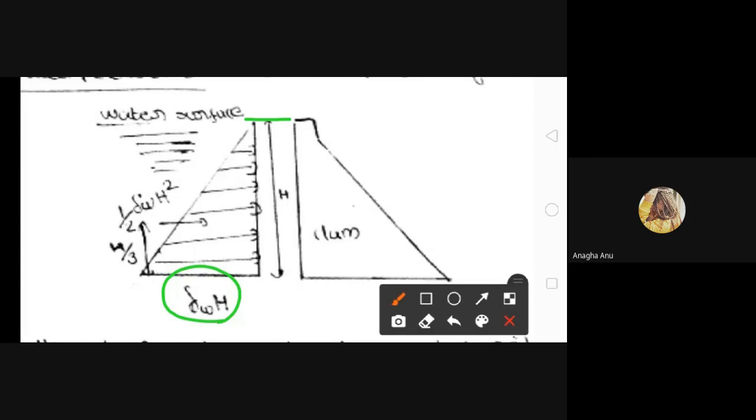Okay, here H indicates this height, which is the height of the upstream face, and gamma W indicates the unit weight of water.